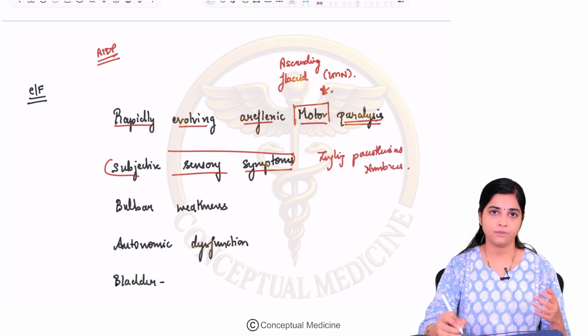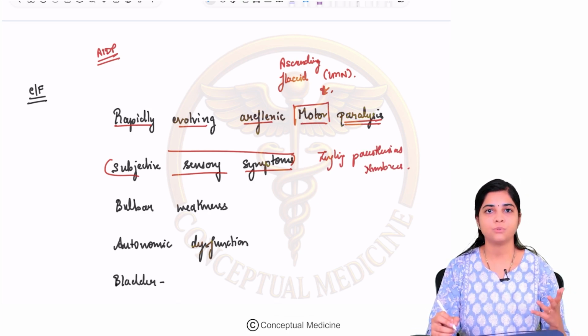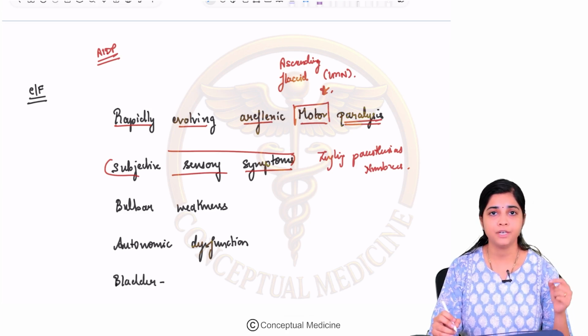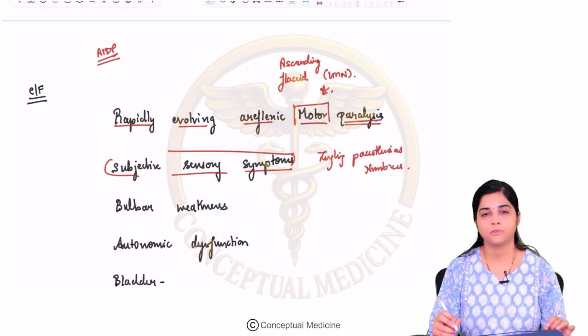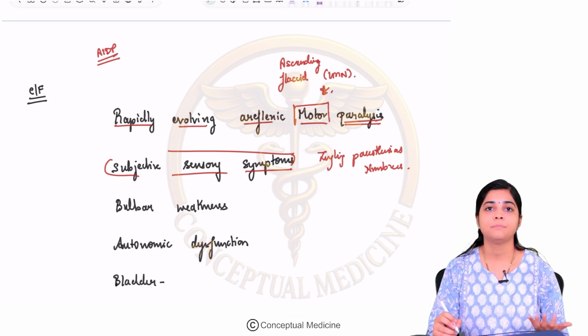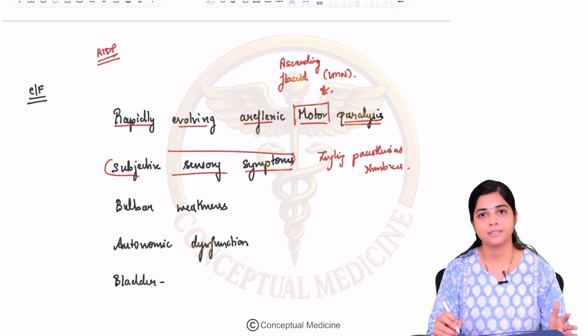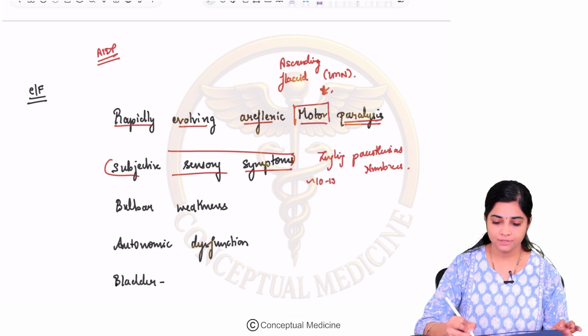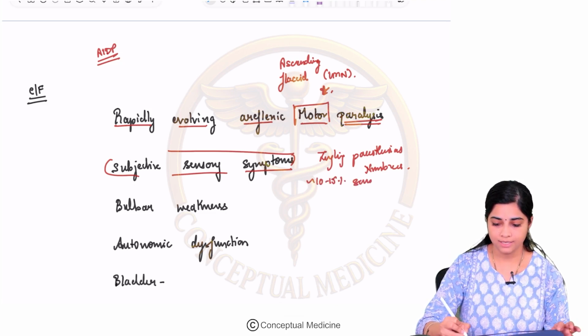Prior to the onset of your actual paralysis, you can have subjective sensory symptoms, but when you objectively examine them, look for loss of sensation, look for pain and temperature loss, look for vibration and proprioception loss, it may not be present. Okay. So they can have subjective sensory symptoms. Okay. But in up to 10 to 15% of the patients, you can have sensory loss as well.